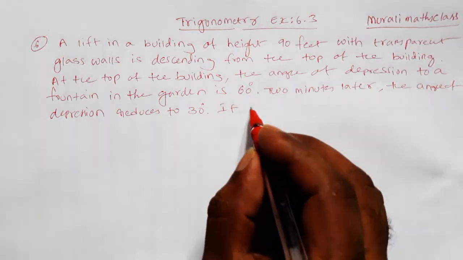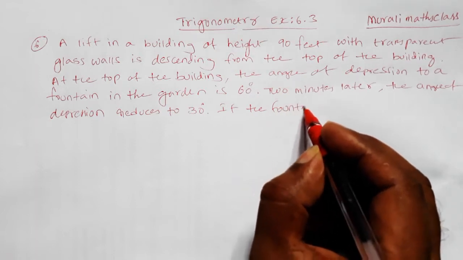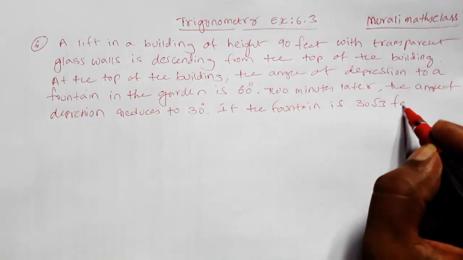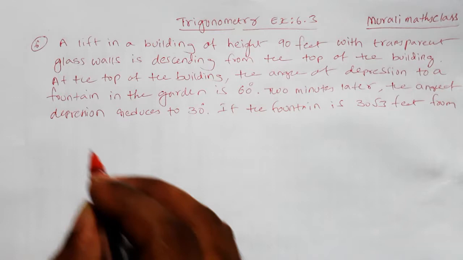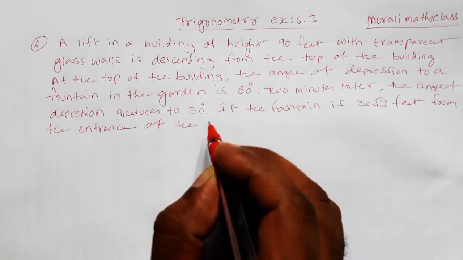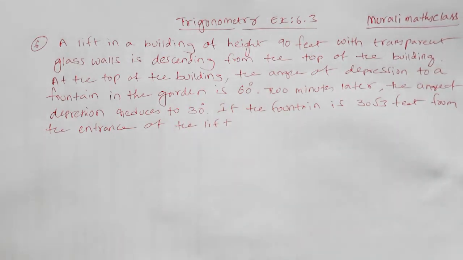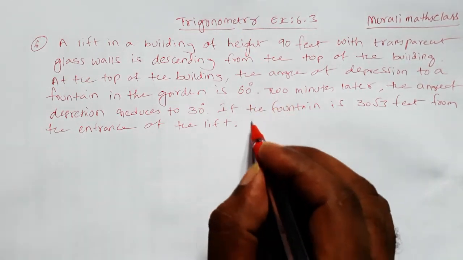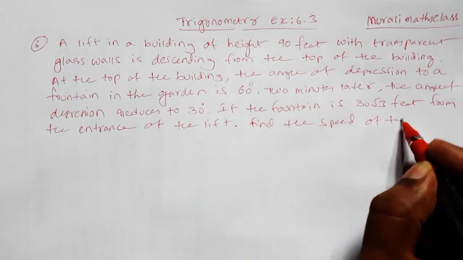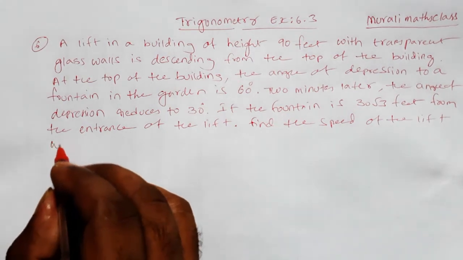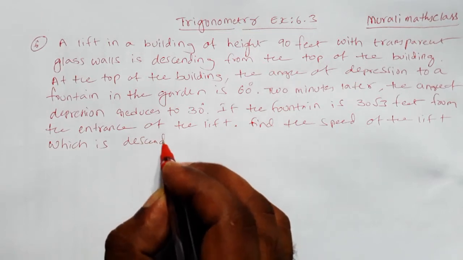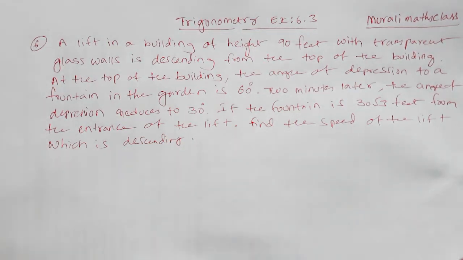If the fountain is 30√3 feet from the entrance of the lift, find the speed of the lift which is descending. So this is the problem they give.